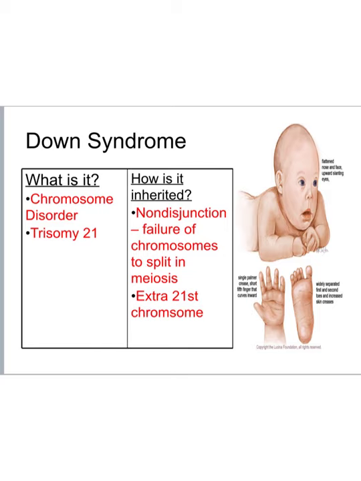Their fifth finger is a little bit shorter and curves inward. That's their pinky. And on their feet, there's a huge space between the big toe and the next toe, and there's just more skin, like creases. So typically when you see someone that has Down syndrome, it's pretty obvious that they have it. They have these distinct characteristics.